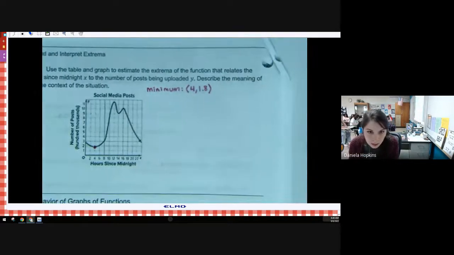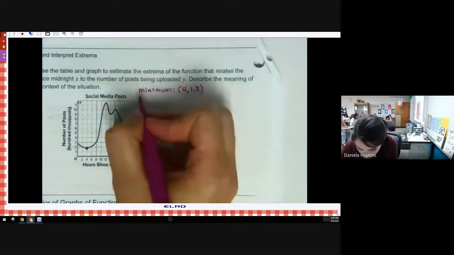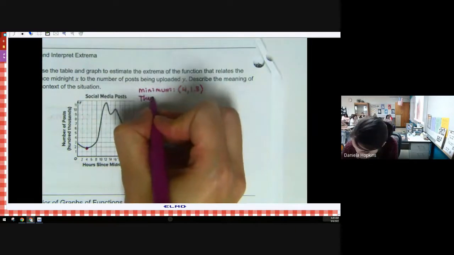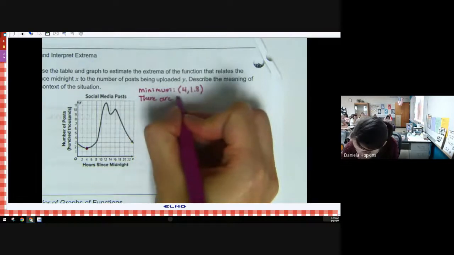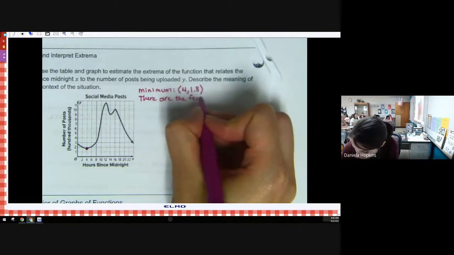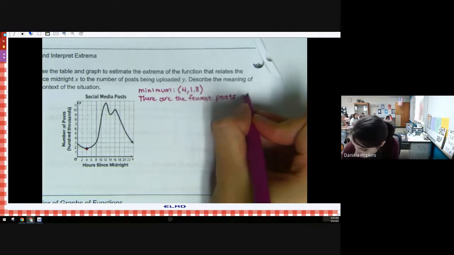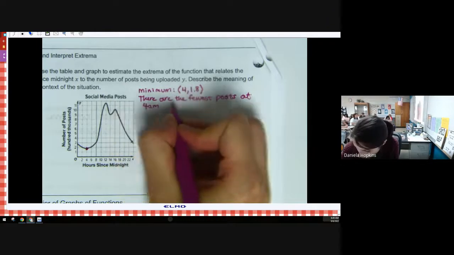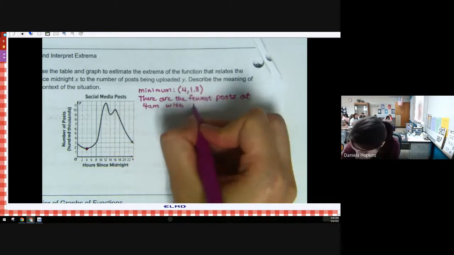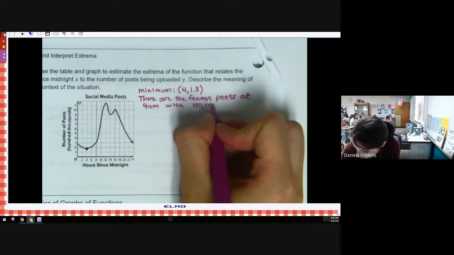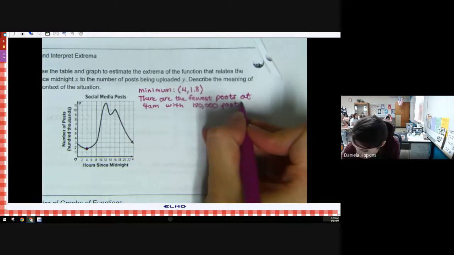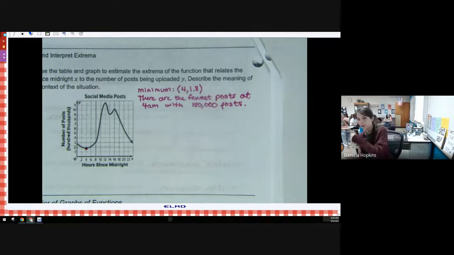So to make some meaning out of this, that means that there are the fewest posts at 4 a.m. with 180,000 posts. So our attendance question was very timely by mistake. So all my night owls, even if you're a night owl, by 4 a.m., most of you have gone to bed, and that's when the minimum number of posts happens.